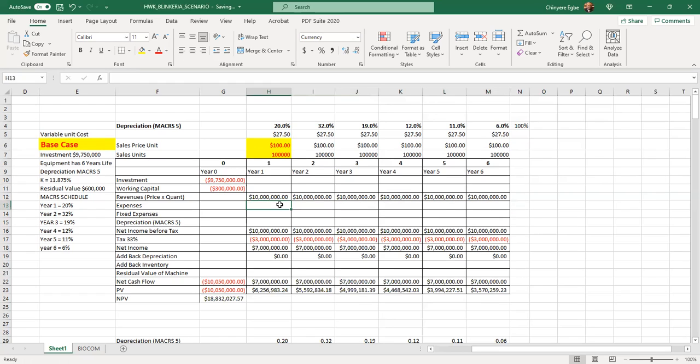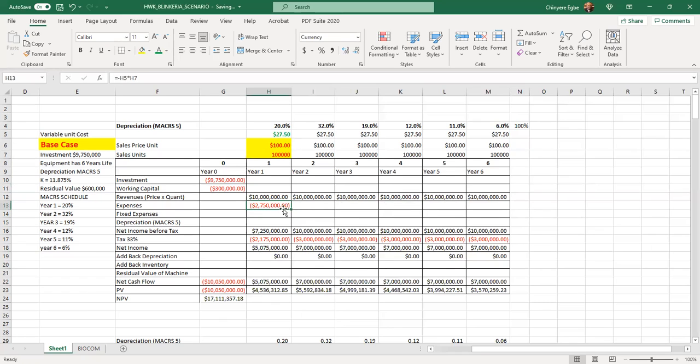Our expenses will be the variable cost per unit times the number of units produced. So that will be H5 times H7. That will be a negative value, so equals minus H5 times H7.